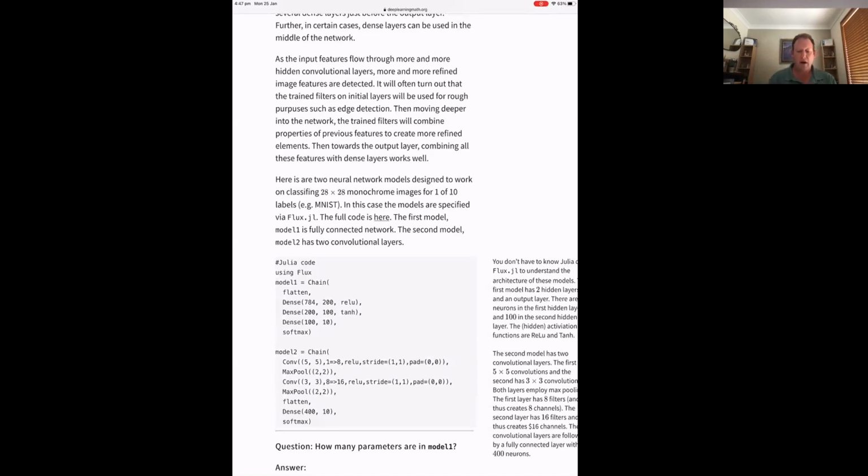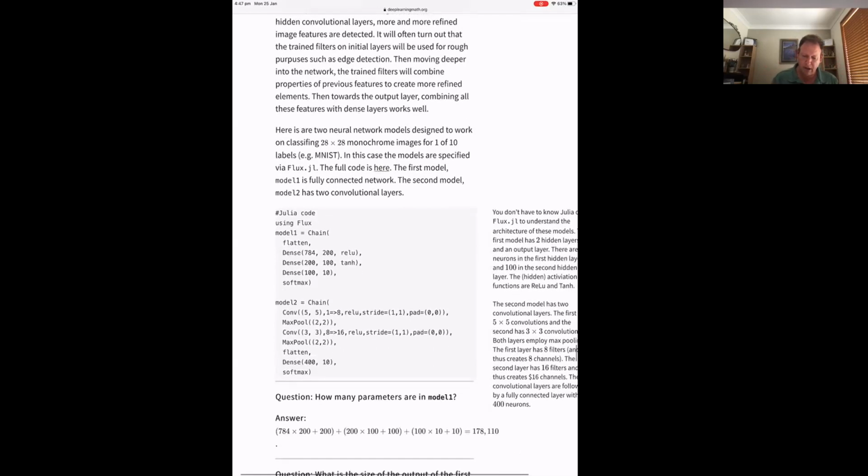Okay, so model 1 is just a dense network. These networks are designed to work on something like MNIST, with 28 by 28 inputs. 28 by 28 monochrome is 784.